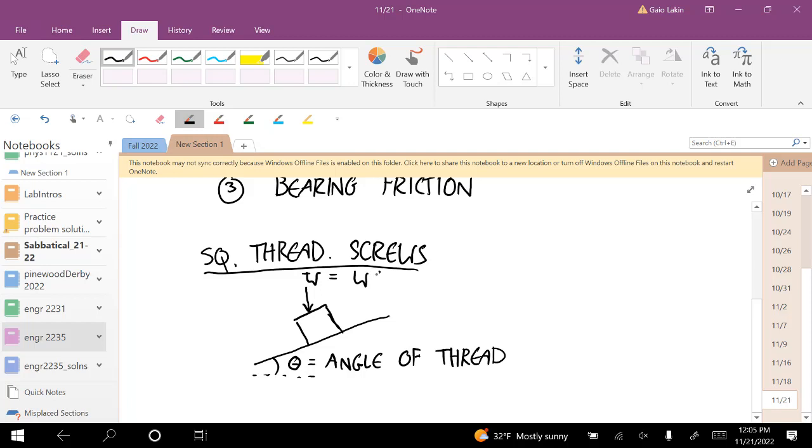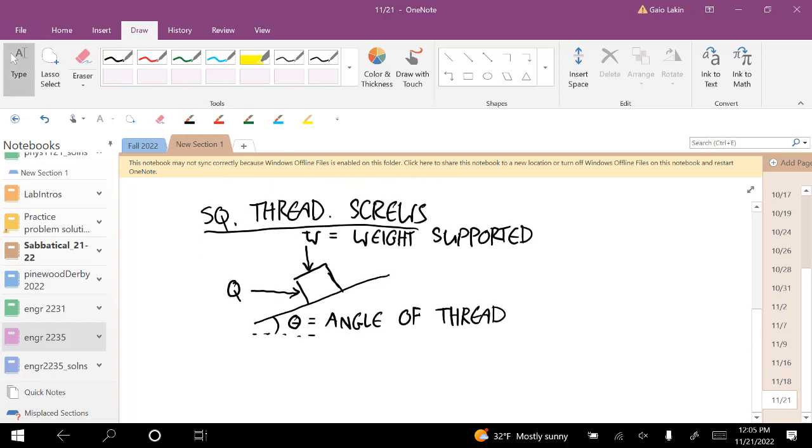W is the weight that's supported. And Q is the force that is either, if it's going the direction shown here, you'd be pushing this thing up, lifting the weight along the thread, or if Q is negative, it would be moving the weight down the screw.